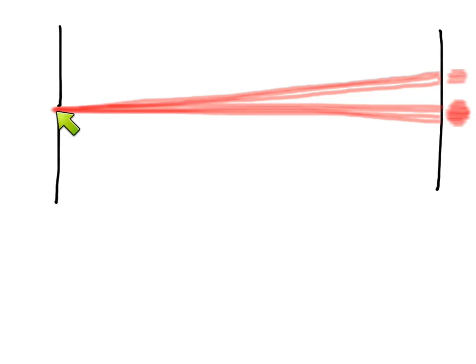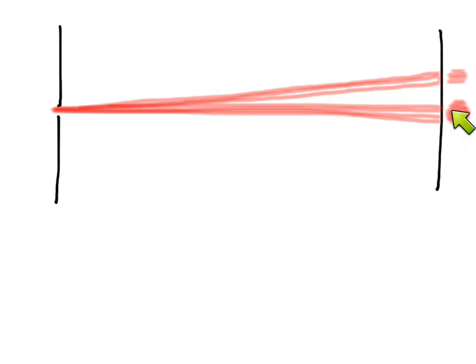So we've got parts of the beam leaving from the top of the slit and some leaving from the bottom of the slit, and of course every position in between. So to get from the slit to the central part of the screen, all the possible beams are travelling the same distance, so they're all in phase.